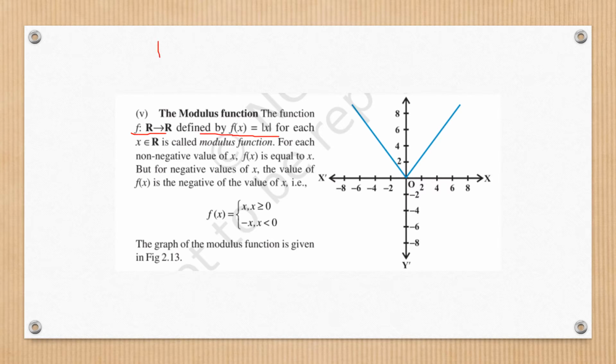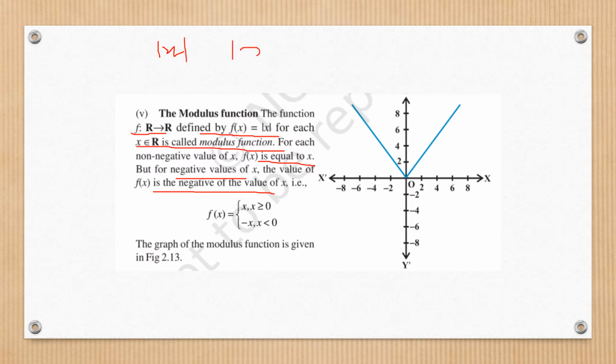Okay, so x inside these parallel brackets, you will find for each x belongs to R, is called the modulus function, right? And for each non-negative value of x, f(x) is equal to x. But for negative values of x, the value of the function is the negative of the value. So f(x) is x when x is positive and is minus x when x is negative.